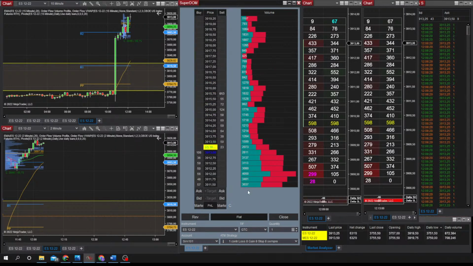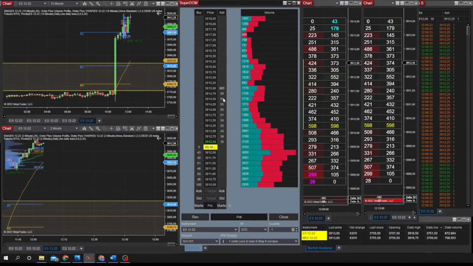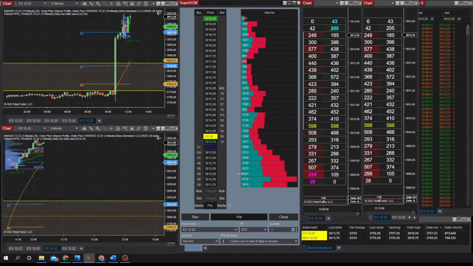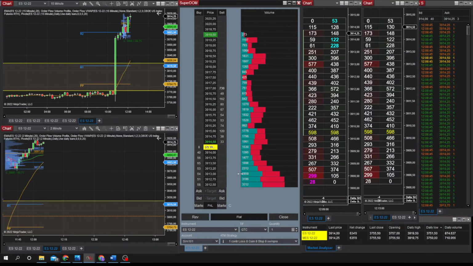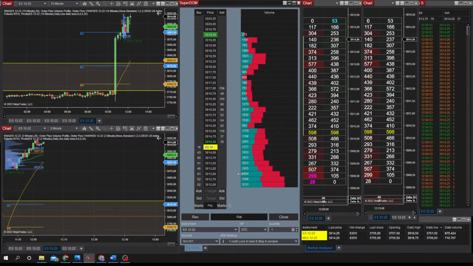Let's see the behavior here above the 39.14. If it reaches at least the 16 here, not reaching, we can start to think about a potential top in this region, or at least a temporary top.